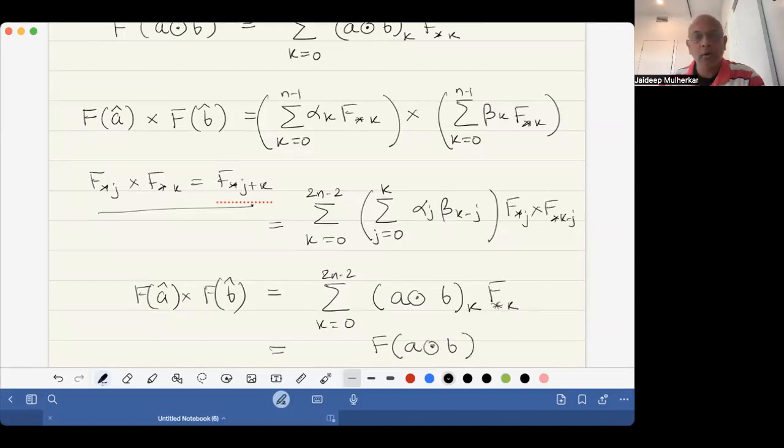Okay, so that is the proof of the convolution theorem.